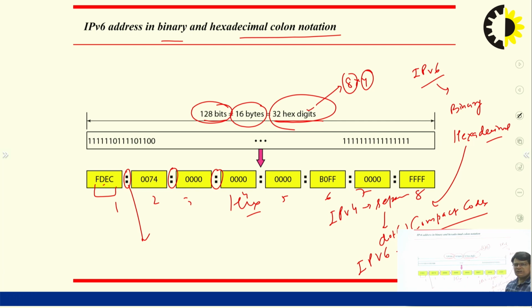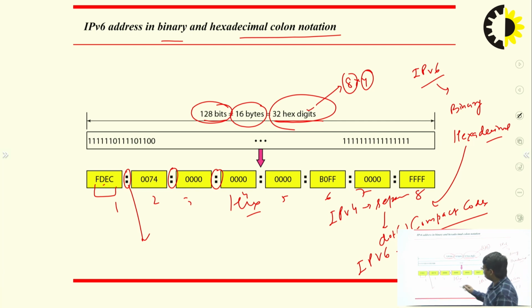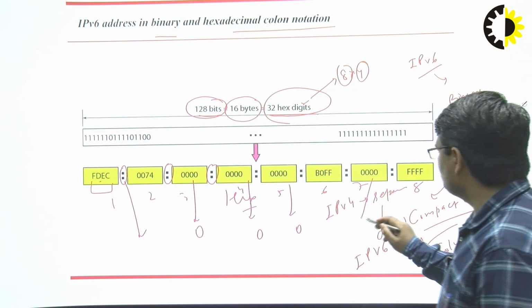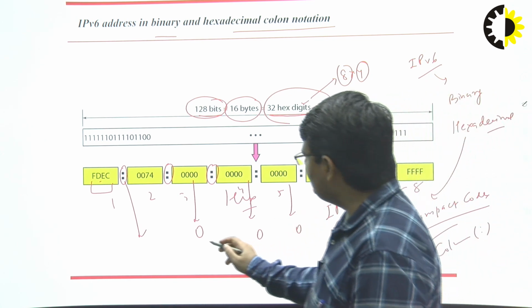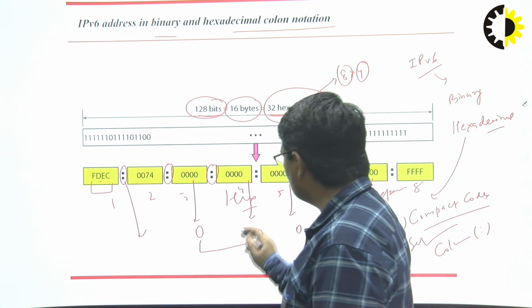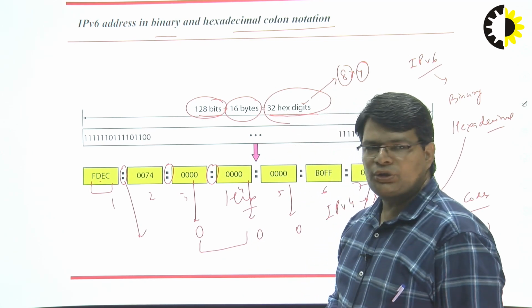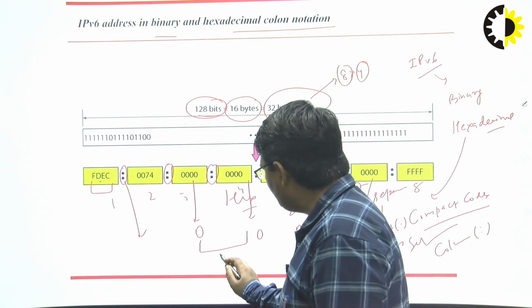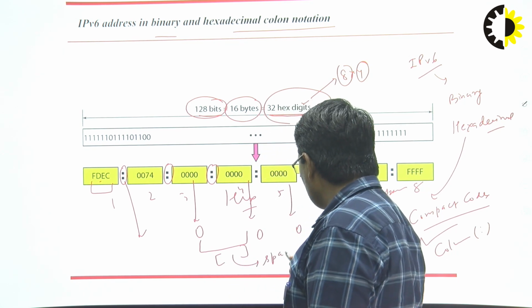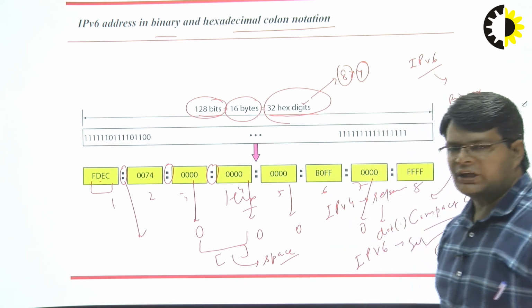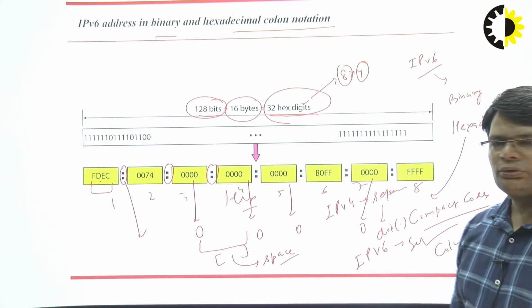Now this notation can be minimized further by representing these 4 hex digits with a single 0. This can also be represented with a 0, and this one too. Now to further compress this, as these two subparts are equivalent to 0, they can simply be denoted by a space. Space means the subparts in between are 0.